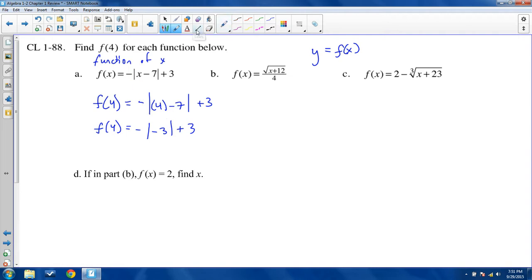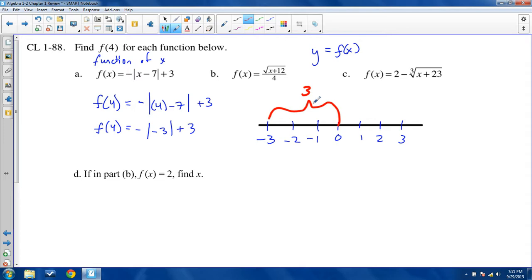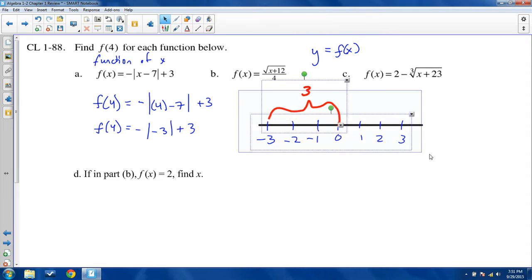On a number line, it's a one-dimensional thing. Here's 0, and numbers can only go one of two ways, positive or negative. So your distance from 0 can only go in those two directions. How far away is negative 3 from 0? It's 3 away. That's what your answer is.